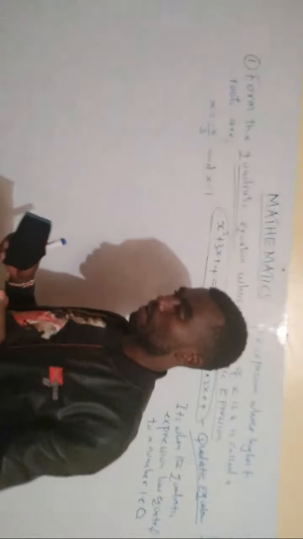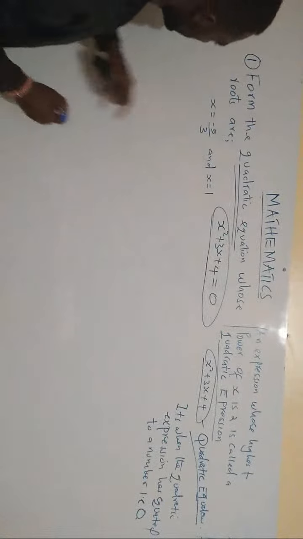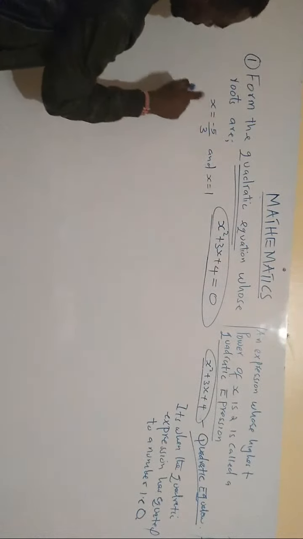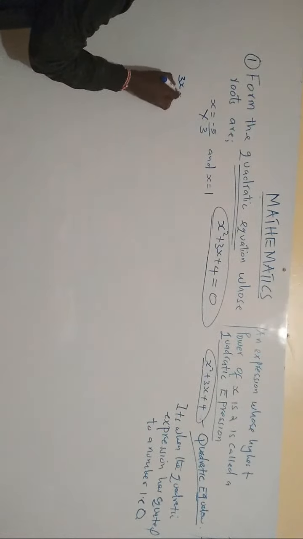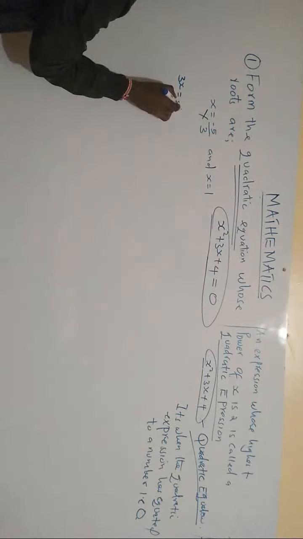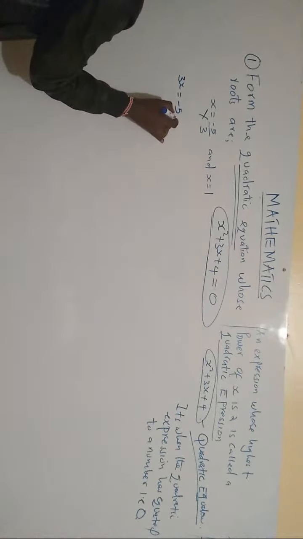So to form a quadratic equation, what we usually do is expand the roots. The first thing we can do is cross multiply this one, and it will be 3x is equal to -5. We can call that equation 1.